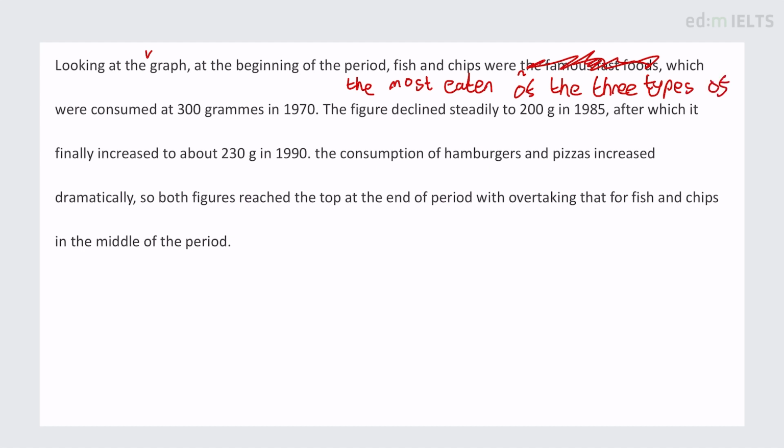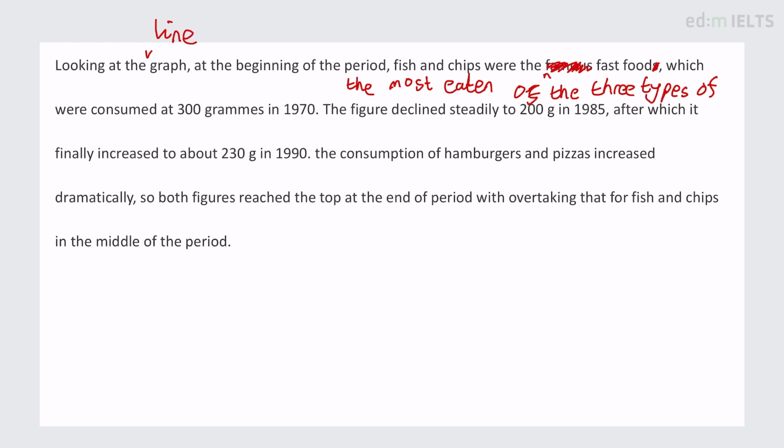Ooh, running out of space a bit here, so let me change this a little bit. The most eaten of the 3 types of fast food.